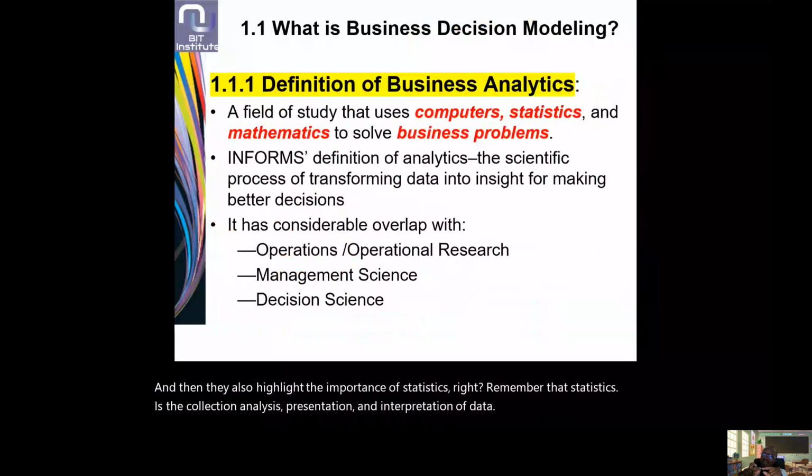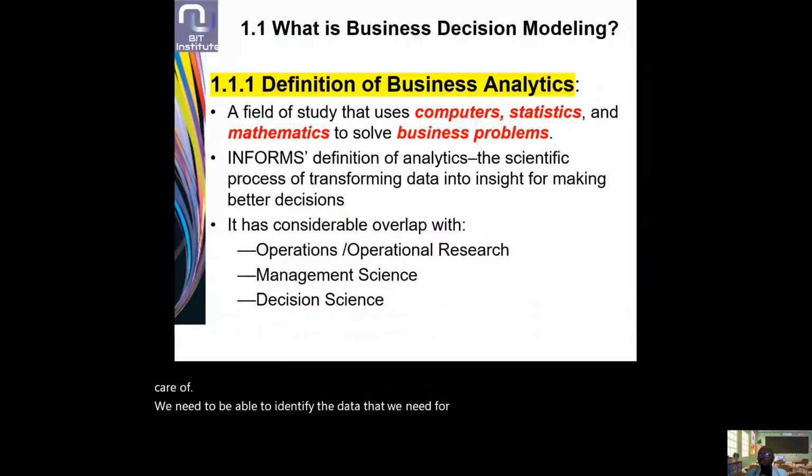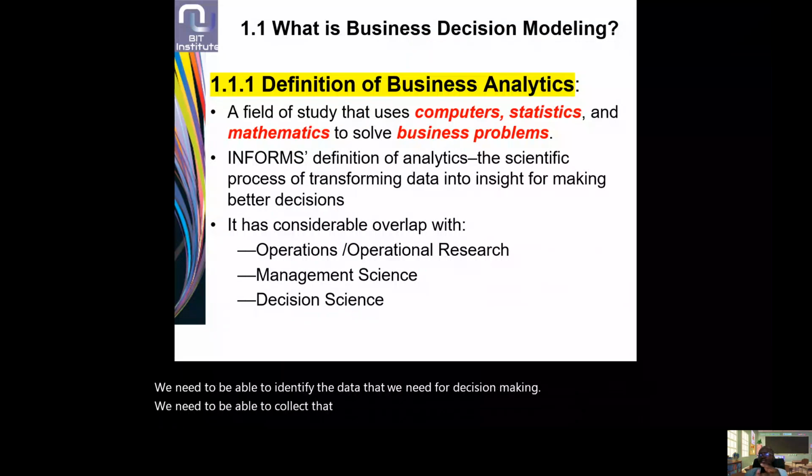So by merely having statistics there, the emphasis is that in business decision modeling, there is a data aspect that we need to take care of. We need to be able to identify the data that we need for decision making. We need to be able to collect that data. We need to be able to analyze that data.